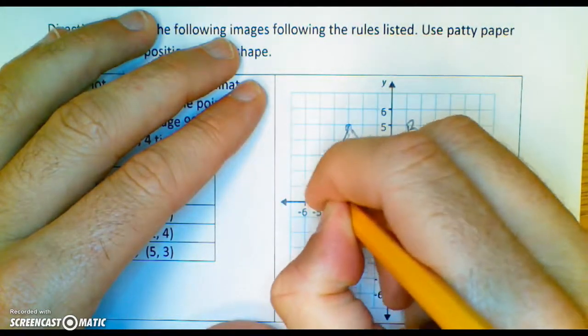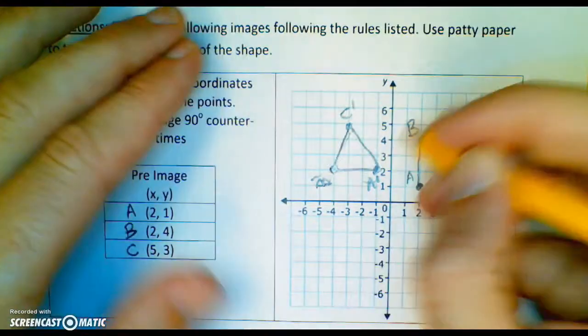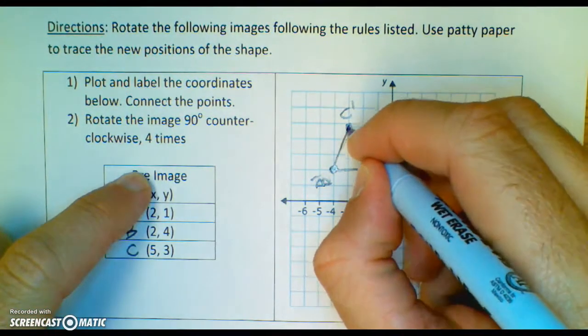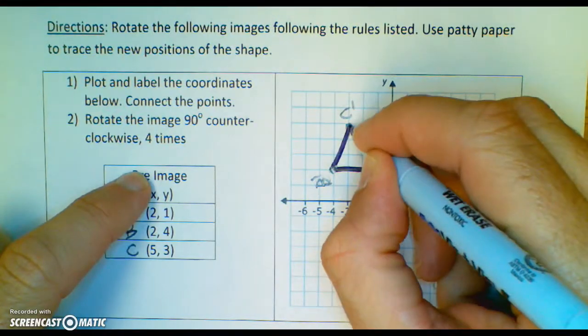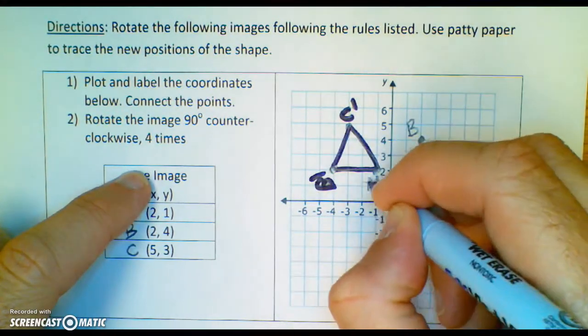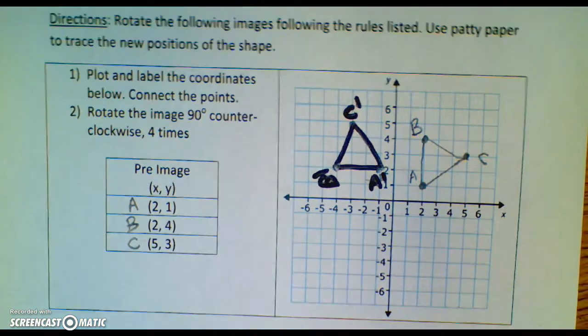This was B, C, and A. And I'm going to trace over it in a different color just so I know that I have a different triangle. So I'll use purple. C, B, A. Okay, that was one time.